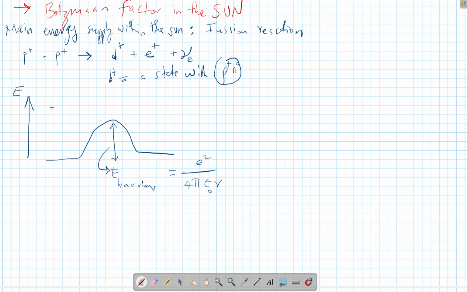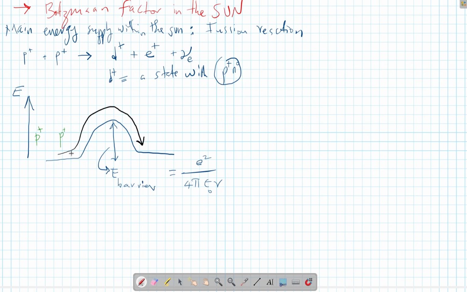So for this reaction to take place, on the left-hand side we have two protons, and these protons would need to cross this energy barrier for the reaction to happen.